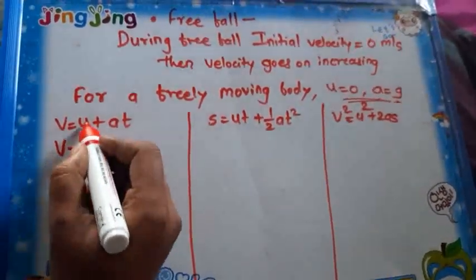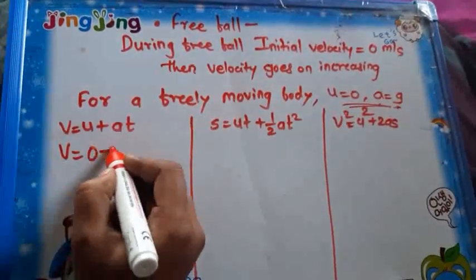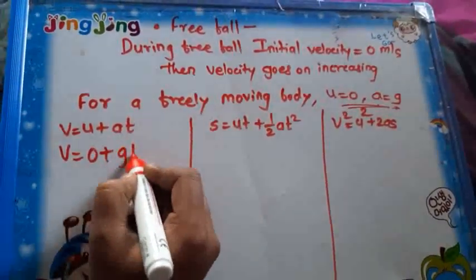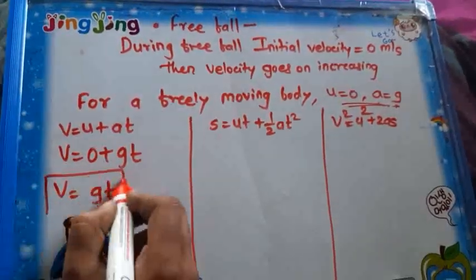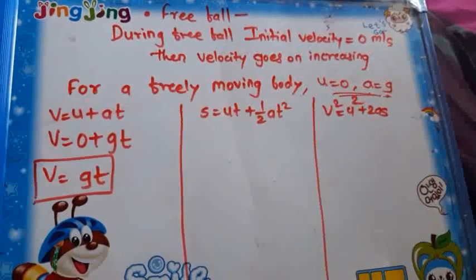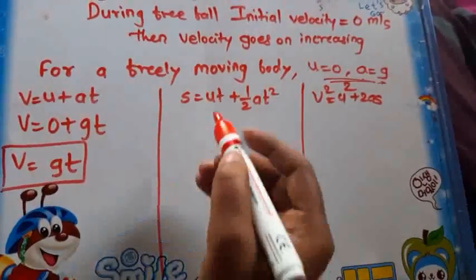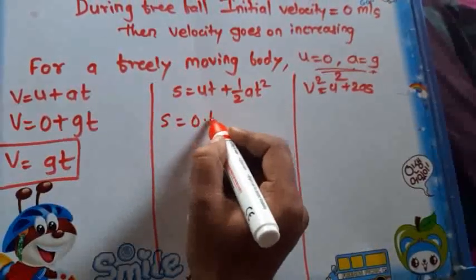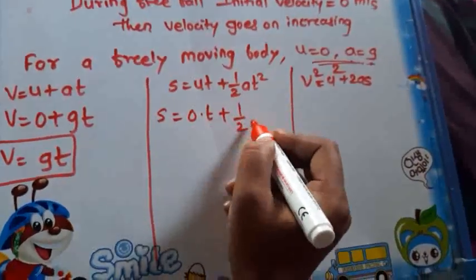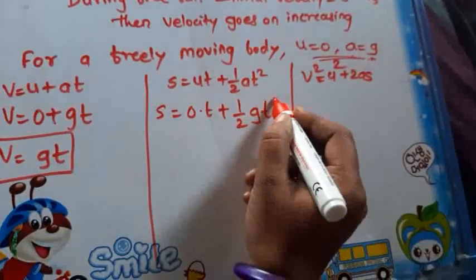v = u, and u is 0. So 0 plus a becomes g, so 0 + gt. So v = gt. This is the equation for a freely falling object. Next, s = ut + 1/2 at². Again u is 0, so 0 into t is 0, plus 1/2, and a will become g, so 1/2 gt².